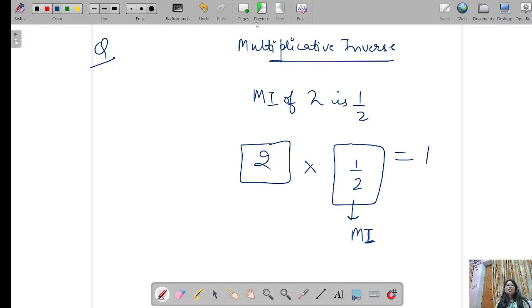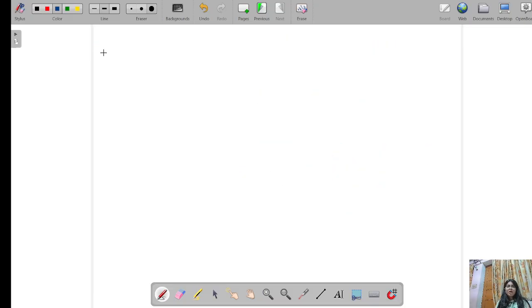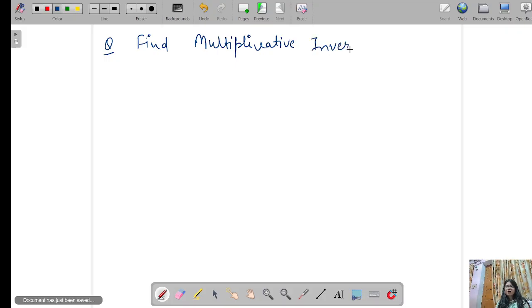Alright, now if I have to do the same in a complex number also. So find the multiplicative inverse of 2 minus 3 iota. Firstly, I will denote the complex number as z.